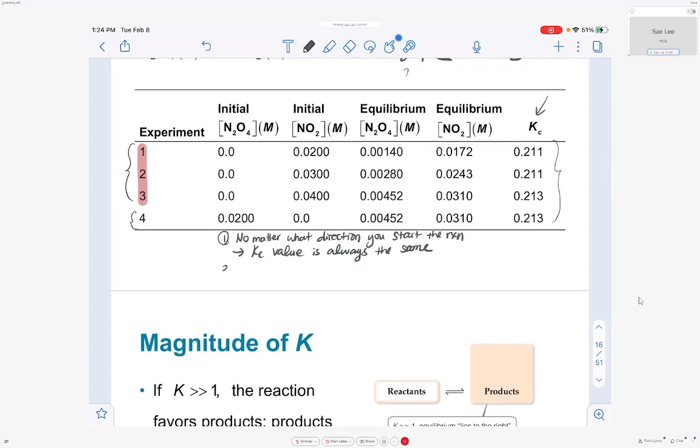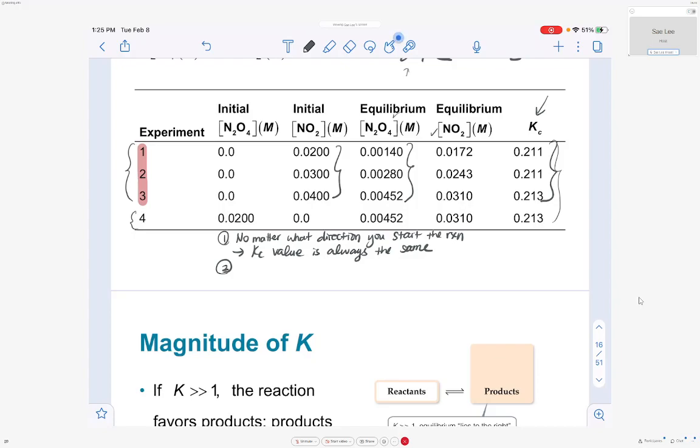And then, second thing, a new thing to note from this table is that no matter what concentration of NO2 you begin with, although you will get different concentrations at equilibrium, the equilibrium constant, or the ratio of this over this at equilibrium, is the same.